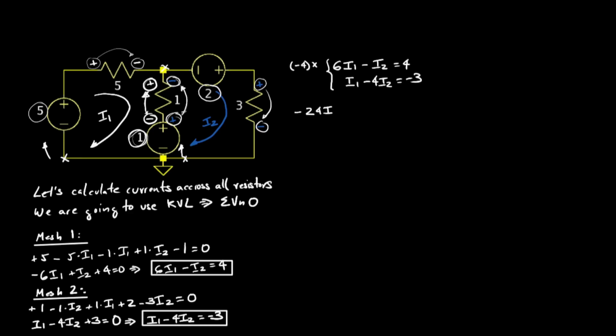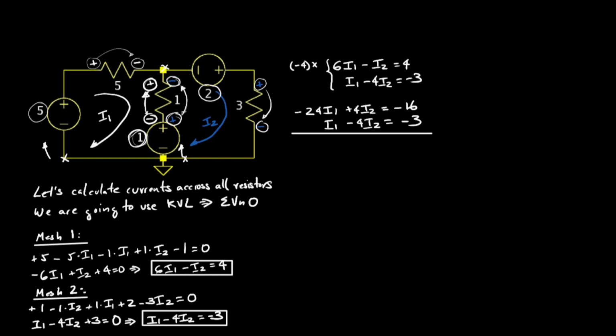When I do this, the first thing I find is a voltage rise due to the 1 volt voltage source because I'm going from negative terminal to positive terminal. I'm writing the equation for mesh 2. So I find this voltage rise, so I write it as positive. I have plus 1.